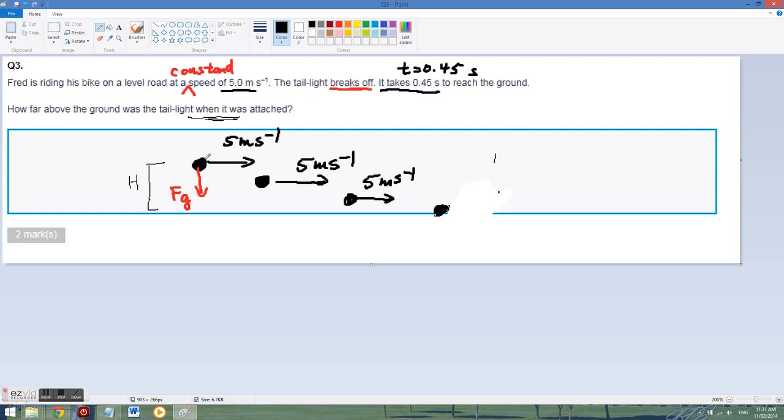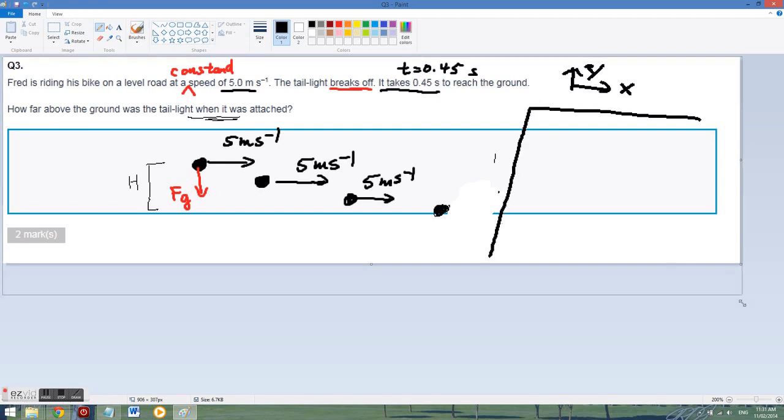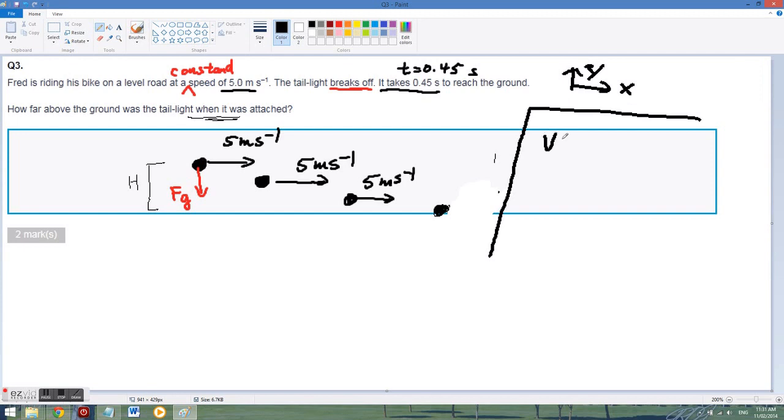So when it breaks off, for the initial speed moving down, remember we only consider the vertical motion. That's your x component, that's my y component. We only consider the y component, because we need to find this vertical x.